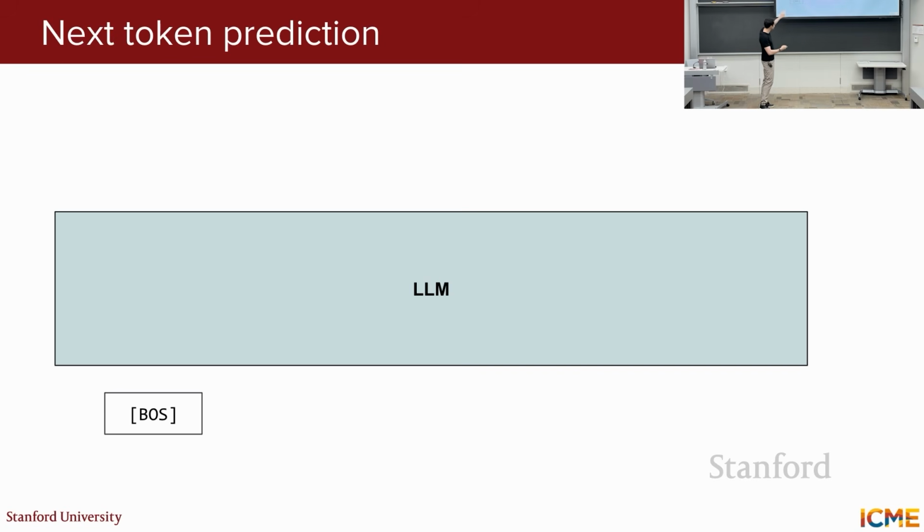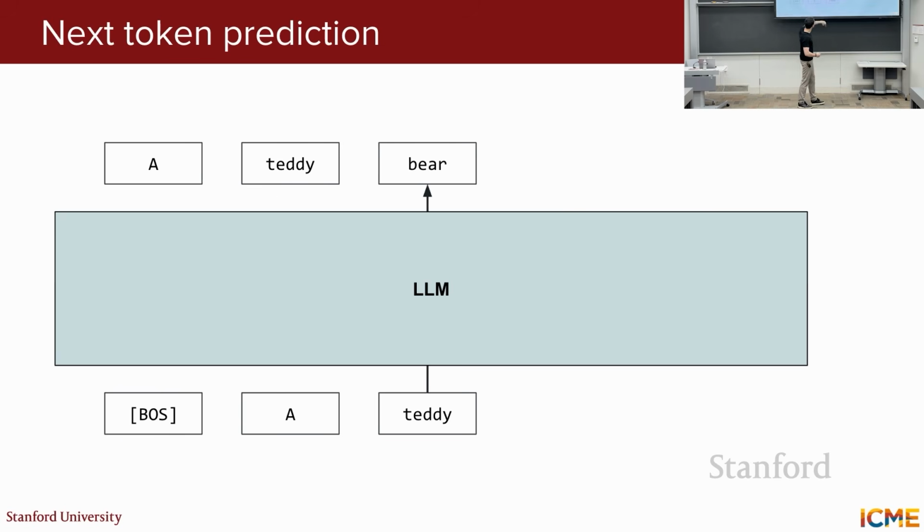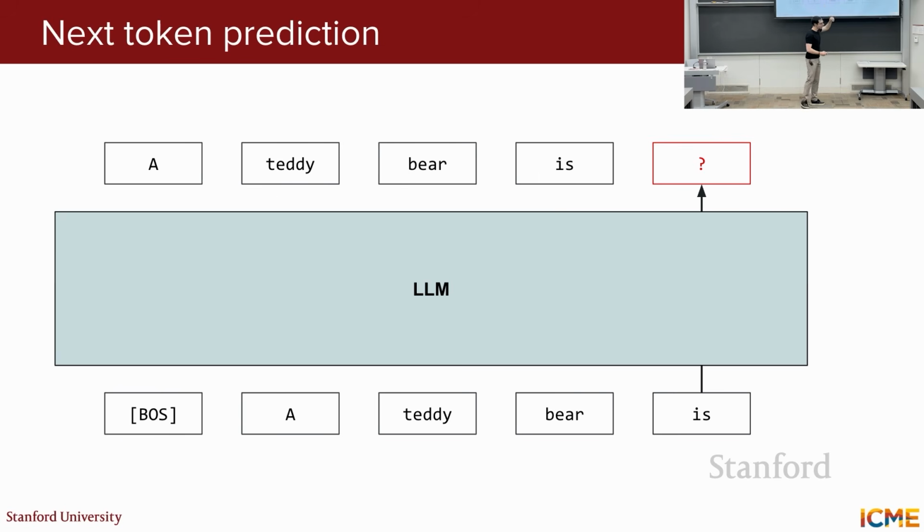So you have a token in, let's say beginning of sentence, you go through your LLM and it generates the next token, so A, and then you take A, and then it goes to Teddy, and then Teddy, bear, is, etc. But so far, we have never really dug into exactly how we chose the next token. So what we're going to do right now is to see exactly how we're generating the next token.